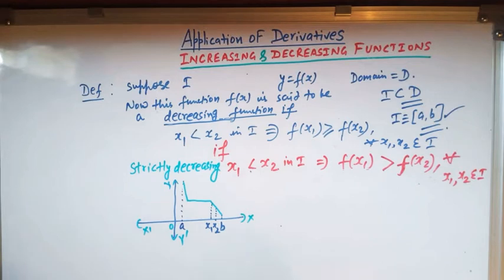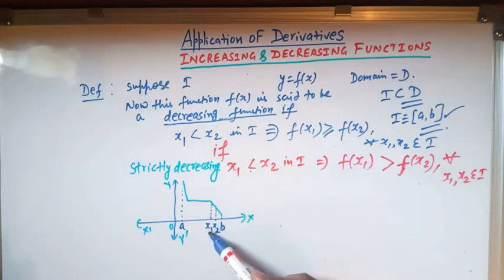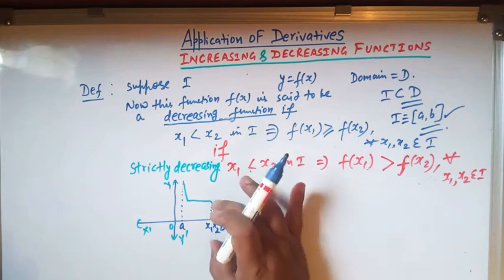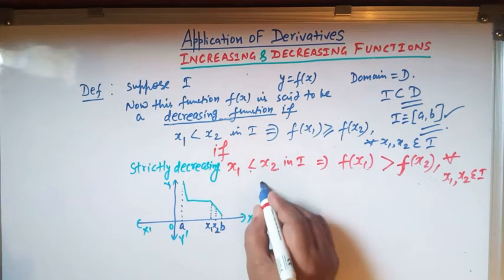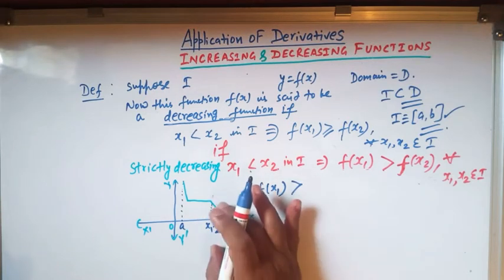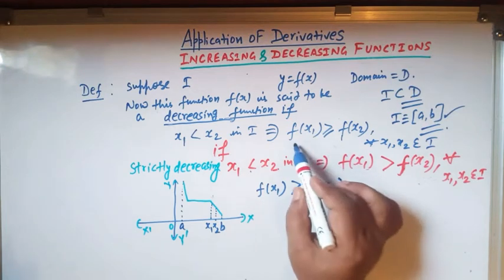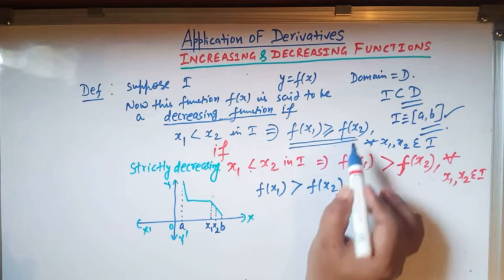Now obviously x2 is greater than x1. So this implies that the height f(x1) is greater than f(x2). So this is how we explain this definition.